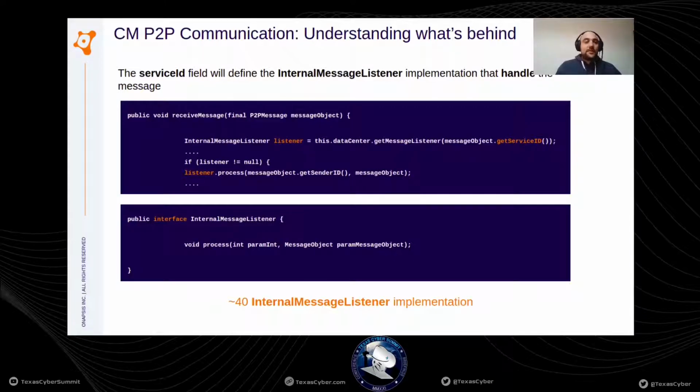This is the role of the service ID field in the header of the message. This service ID will pick the listener that will be in charge of processing or handling our request. This internal message listener is an interface, and we found around 40 implementations of it, some of them with highly critical and privileged actions, as we will see as follows.